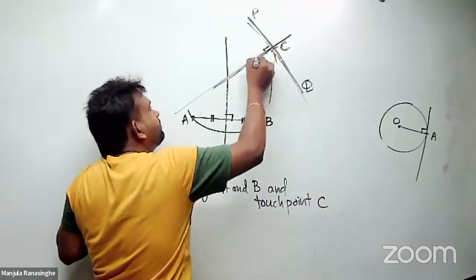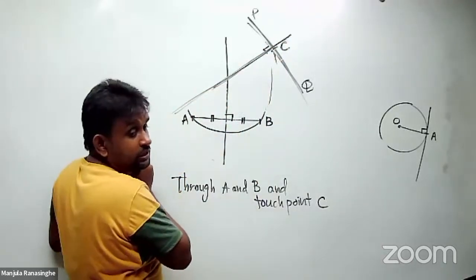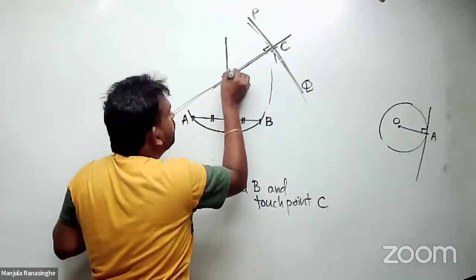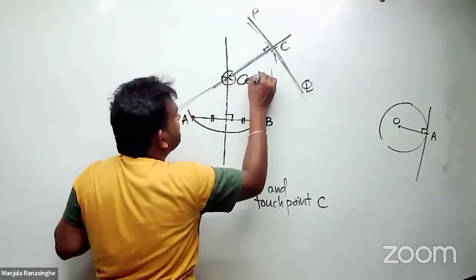So that shall pass through the center also. By satisfying both those conditions, this is the actual center.